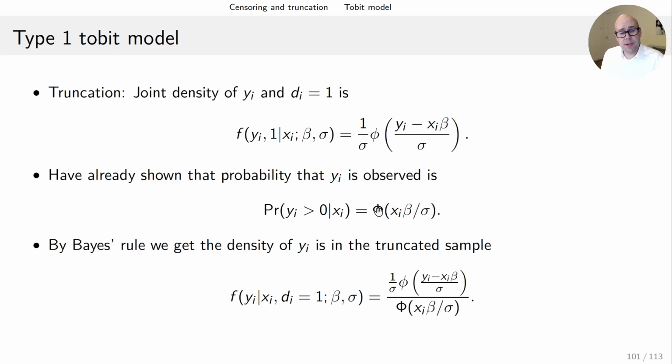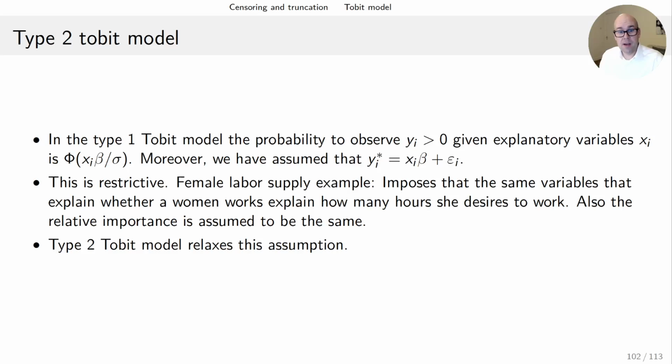And then we can simply apply Bayes' rule to get the density of yi in the truncated sample. So that would be the density of yi conditional on di is equal to 1. So I'm getting this joint density in the numerator, and in the denominator I do get that probability that yi is not censored. So this will be my likelihood contribution.